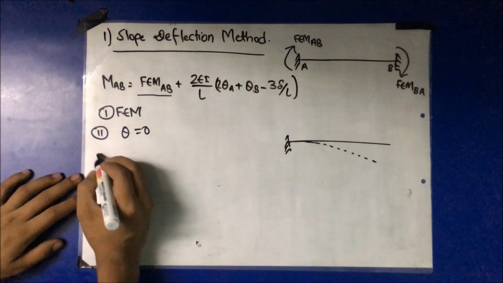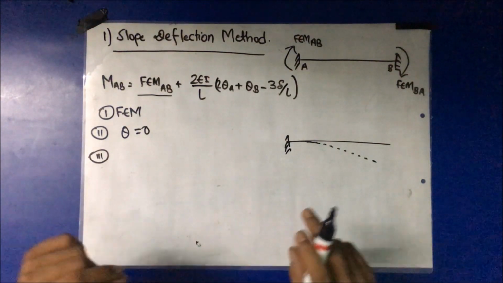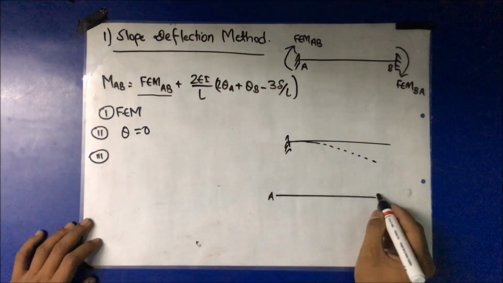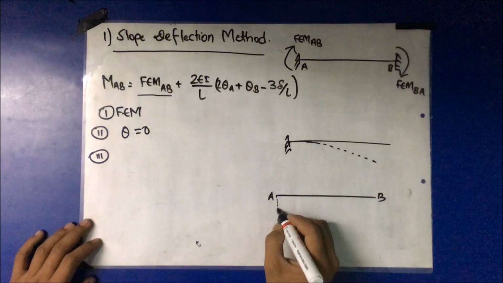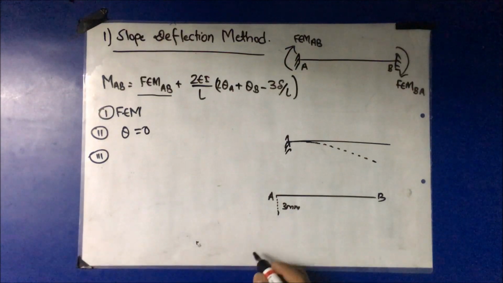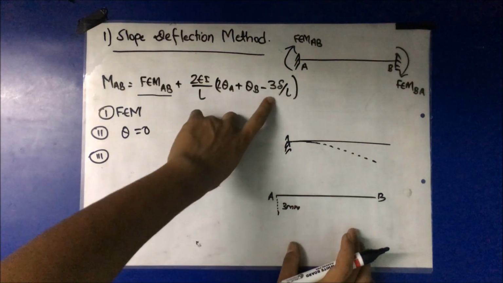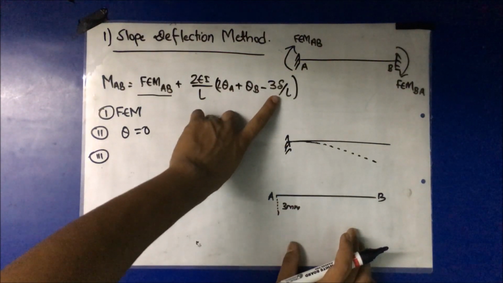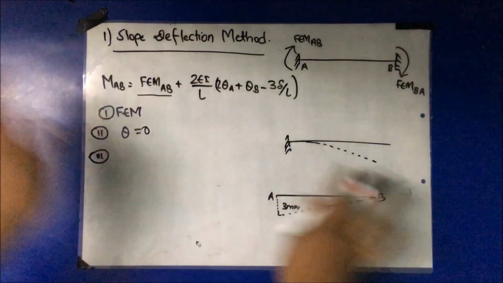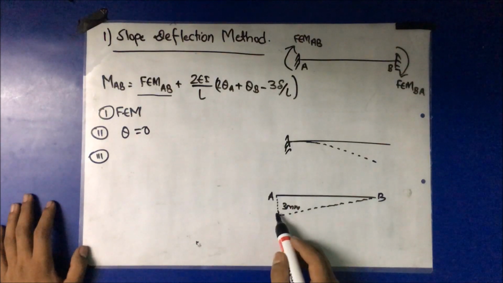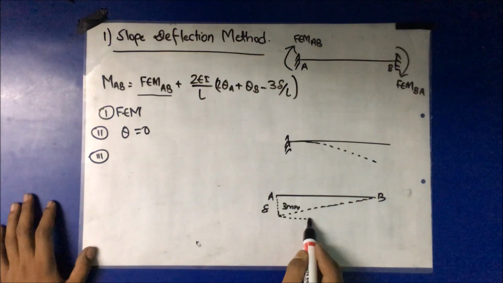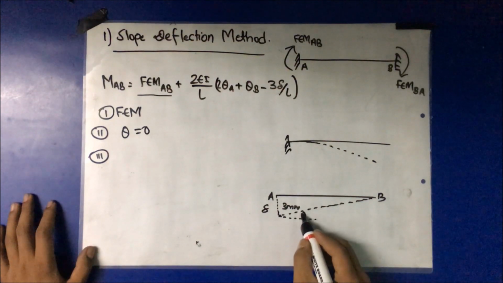And the next is the direction or the sign of the displacement. For example, I have supports A and B. If the support A settles down by some value like 3 mm, then the value of deflection should be taken with respect to the sign made.